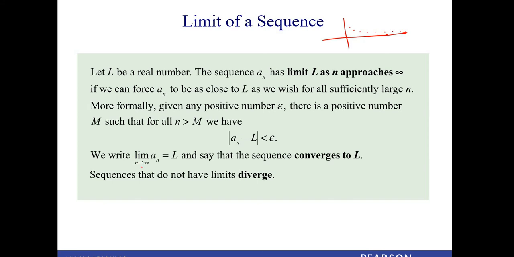We write the limit as n approaches infinity of a sub n equals L, and say that the sequence converges to L. Sequences that do not have a limit diverge. This is going to be really important vocabulary for us moving forward into our calculus look at sequences and series.